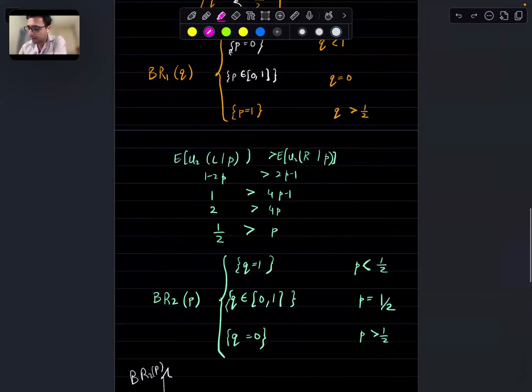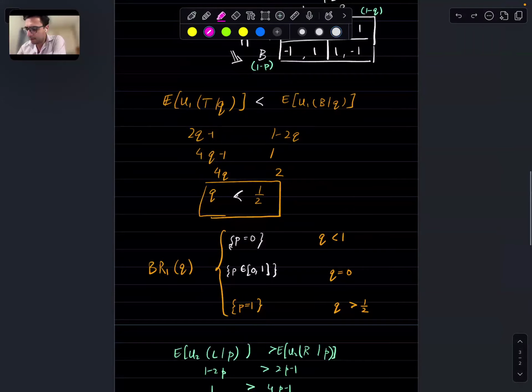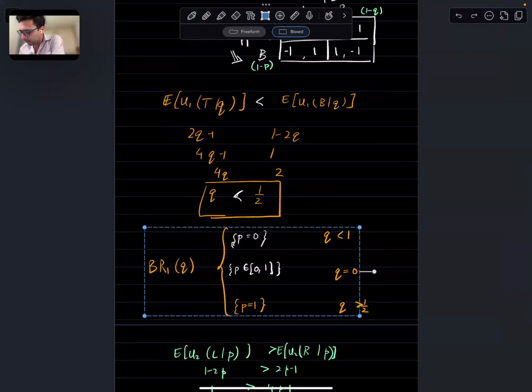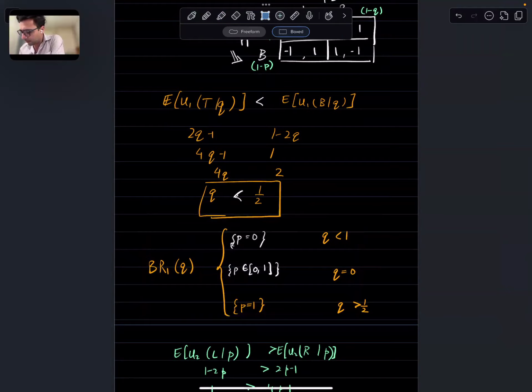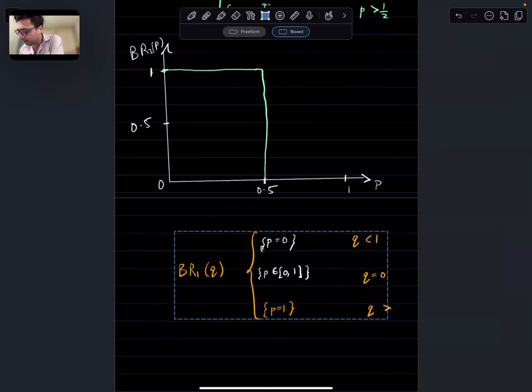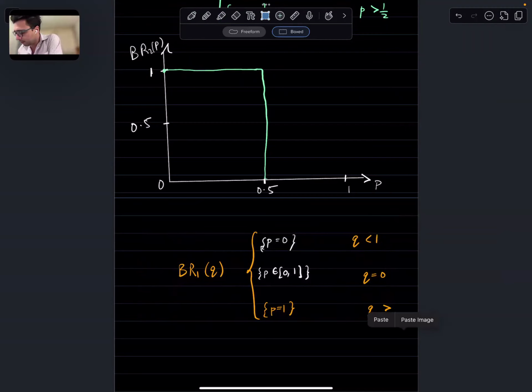Now let me just copy paste this because it's easier to see. That's right there. Copy and paste it down here. And this should say 1 half. Okay, let's start with the first line.